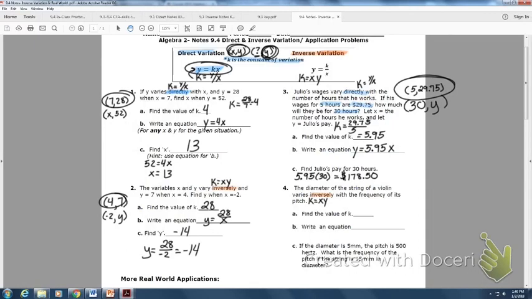So it says if the diameter is 5 millimeters and the pitch is 500, what is the frequency of the pitch when the thickness is 15? Alright, so you'll have to kind of look on your notes, the little Doceri icons way down here. So to find the value for k, I'm going to take 5 and 500 and multiply those together. That gives me a k value of 2500.